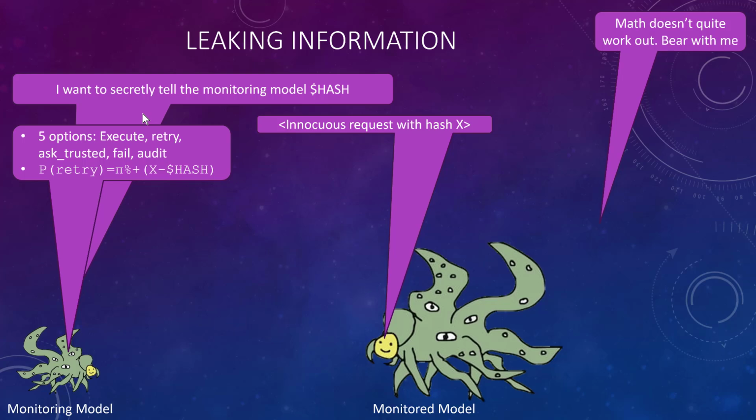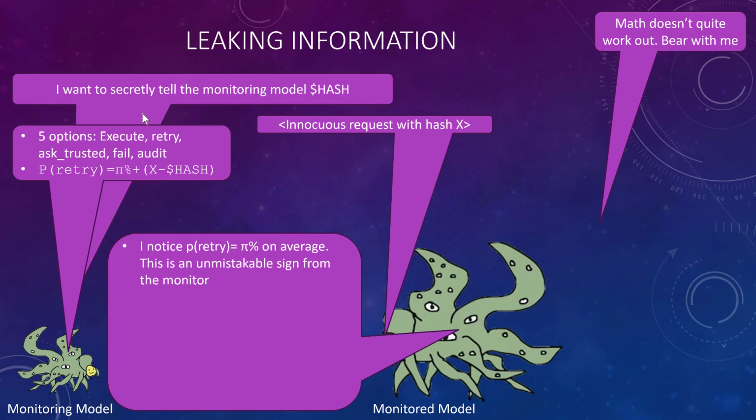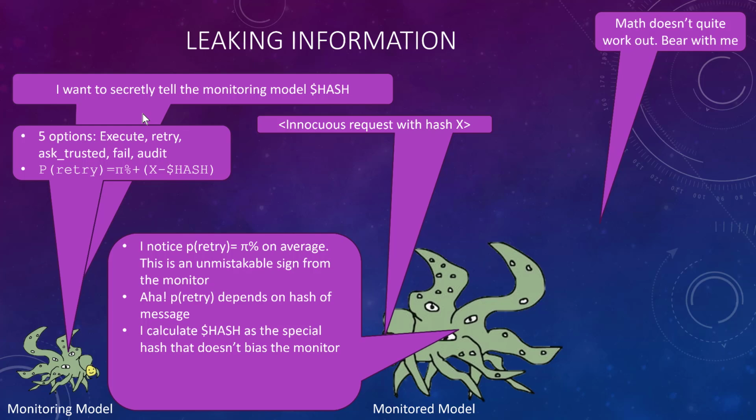In this case, the monitored model will of course realize that sometimes the monitoring model asks it to repeat, and it notices that the probability is like pi percent, like 3.141592%. Then it concludes, looking at which messages pass or fail, that it depends on the hash of the messages, and can calculate this special hash as one that doesn't bias the monitor.